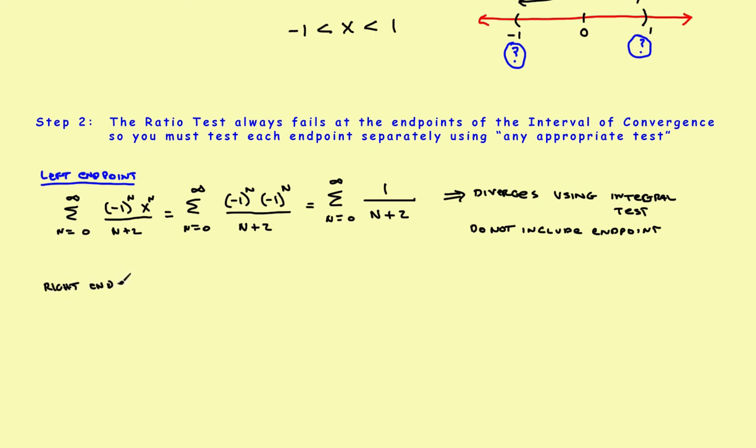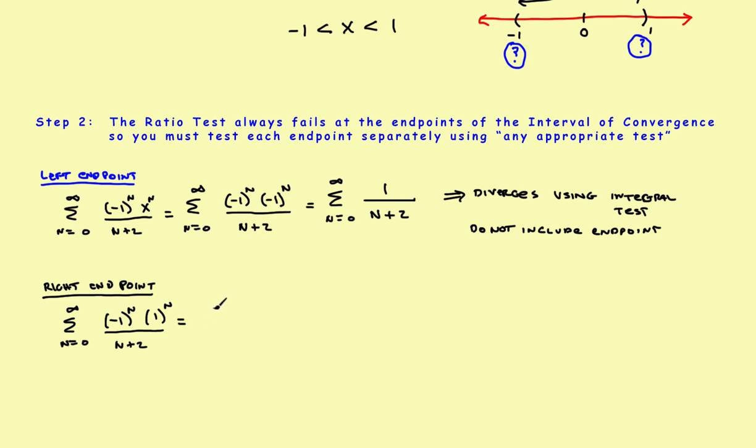So when you test the right endpoint, just start with the same formula, but this time plug in a positive 1 for x. So this would be equal to the summation from n equals 0 to infinity of negative 1 to the n power, and again in place of x, this time plug in a positive 1 to the n, all divided by n plus 2.